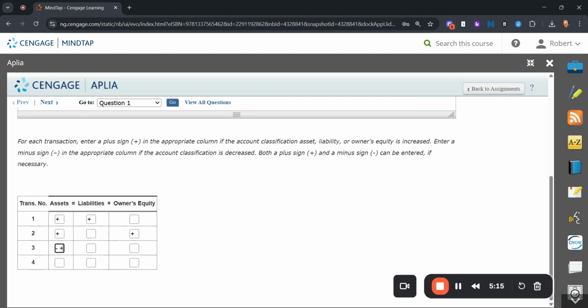So a plus sign in the asset box. So now I've got that minus sign and the plus sign under assets.